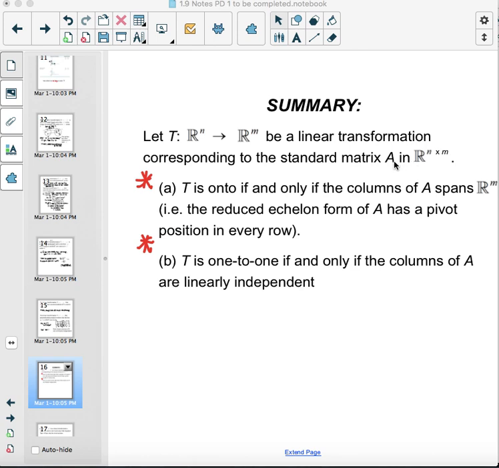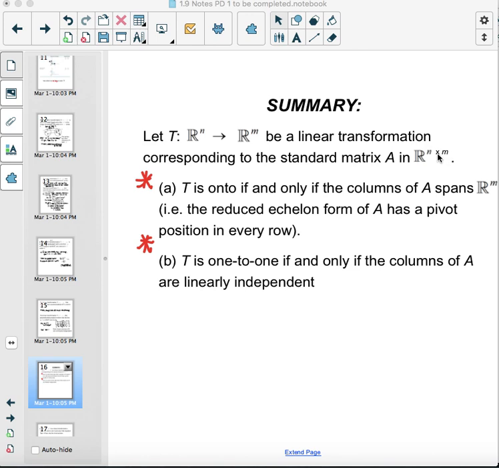Okay, so we have T, a transformation from the domain Rn onto the codomain Rm. Look at this. This is weird. A is an m by n matrix, correct? However, I have no idea why this notation is the way it is, but it's Rn to Rm, and I guess n is the domain and m is the codomain.